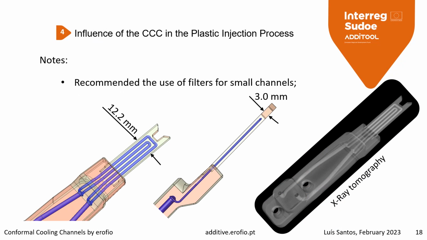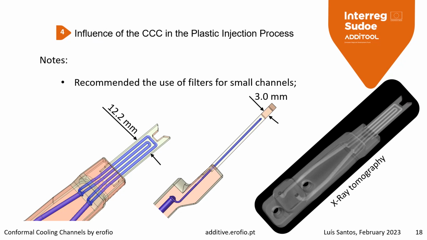So we recommend the use of filters, especially on small channels. For example, we have here an example of a printed part that has very, very narrow cooling channels, but sometimes it must be done because it's the plastic part that demands and obliges us to go beyond the limits, I would say.